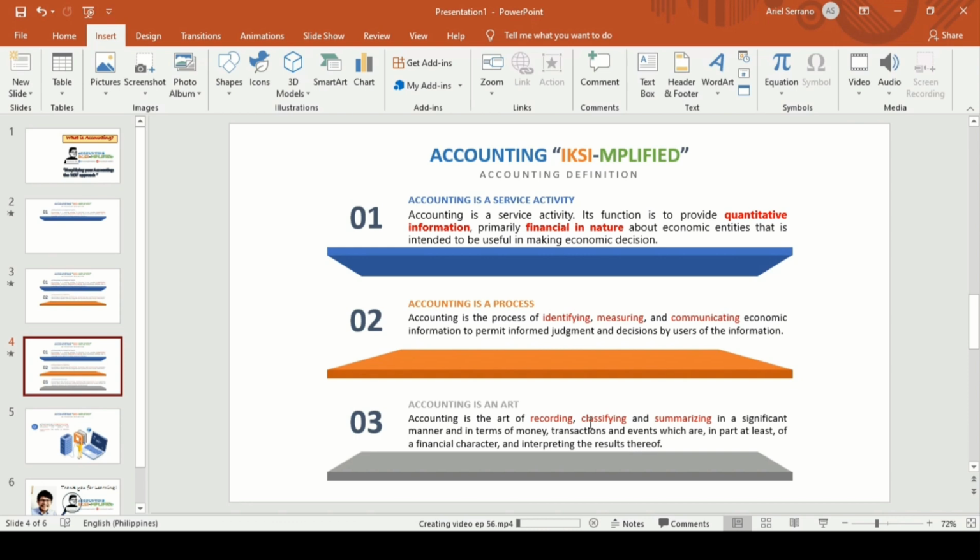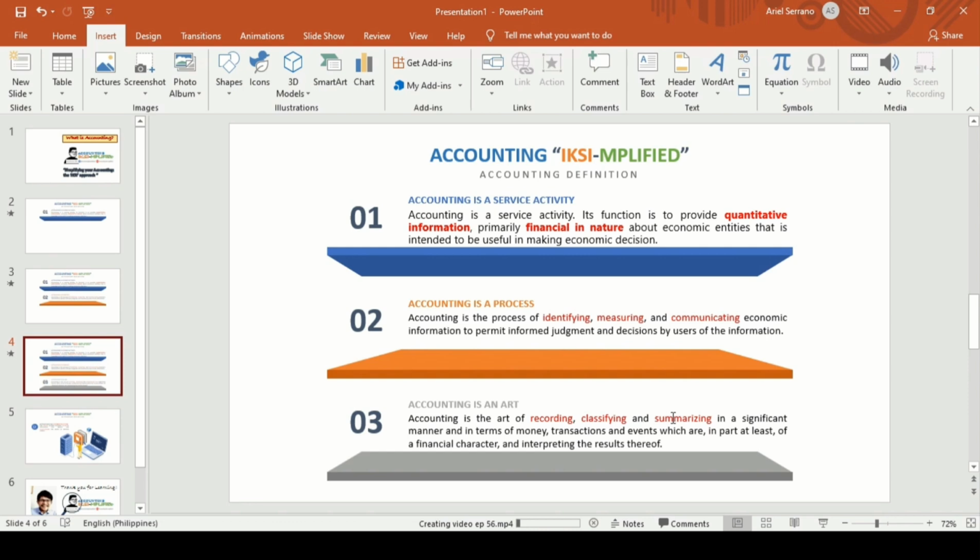We classify them. And when we are talking of classification, we are grouping these transactions based on their characteristics. As long as they are similar in their nature, we have to classify them by groups.